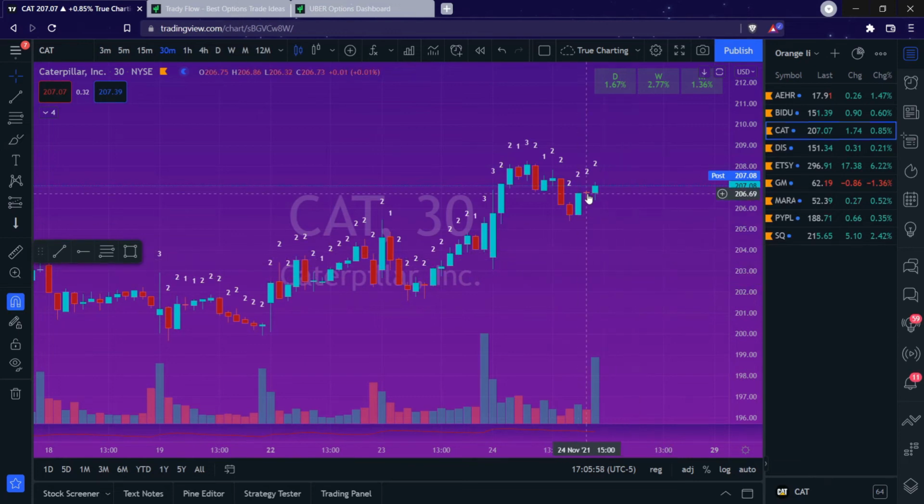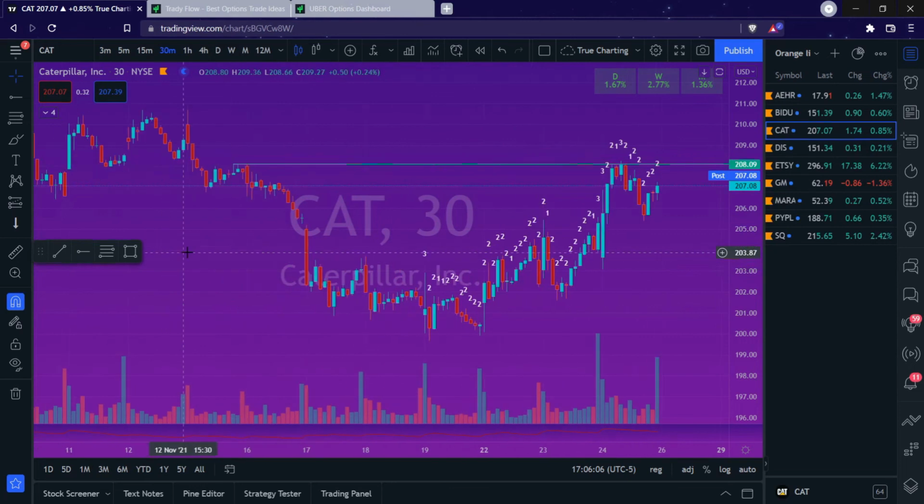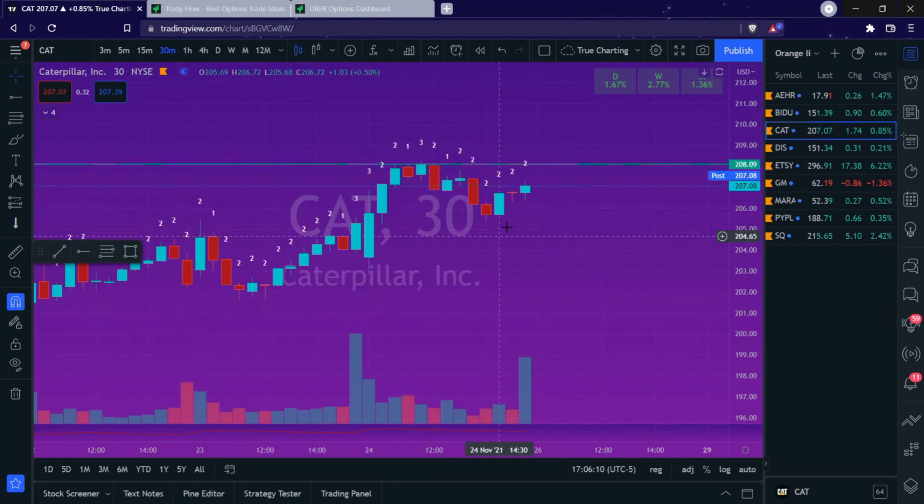And it never really retested it until the end of the day, which you'd be out by that point anyways. Why? Because you'd be selling right here. Not hard, guys. Very, very easy stuff to profit on this stuff. So actually a 3-point move. The rest did not really trigger.